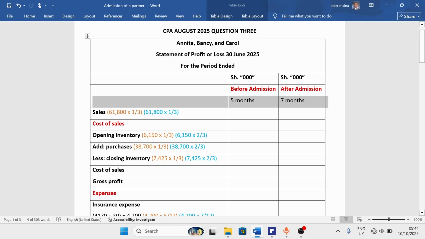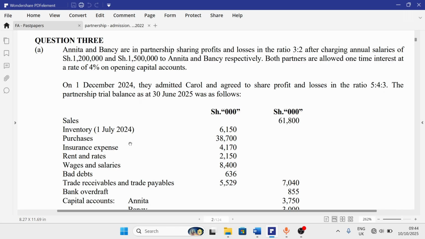So let us start with sales. If we go to the question in the trial balance, look at the amount of sales. So sales is the first amount shown in the trial balance, and the amount given is 61,800. So some of the sales were made before admission, other part of the sales were made after admission.